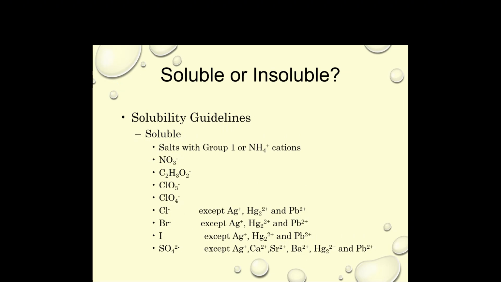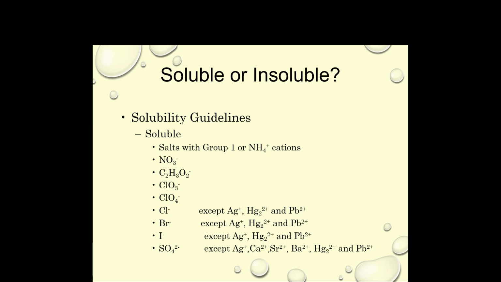So any ionic compound that has a group 1 metal ion, lithium, sodium, potassium, rubidium, cesium, or that starts with NH4, regardless of what the anion is, is going to be soluble. It's going to dissolve in water.